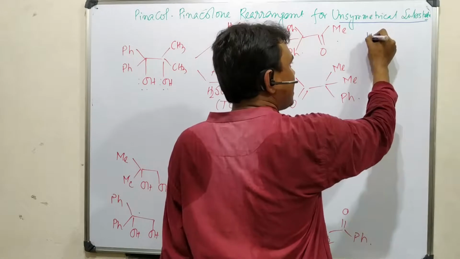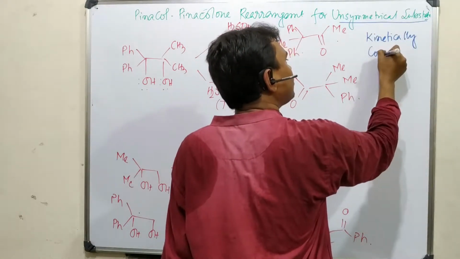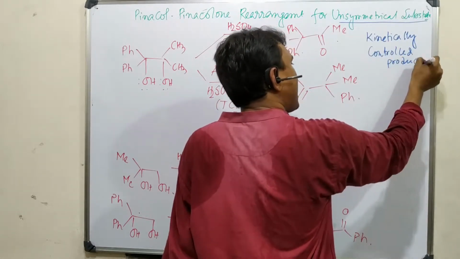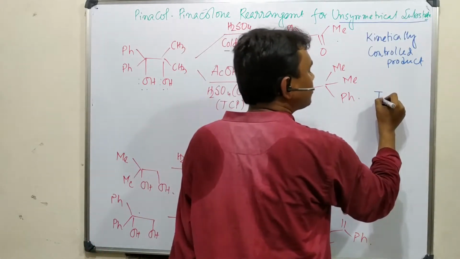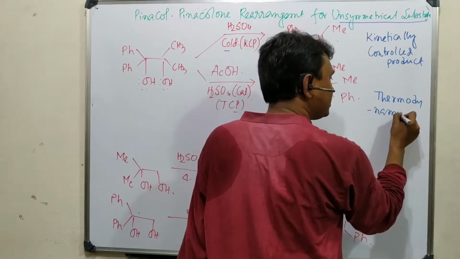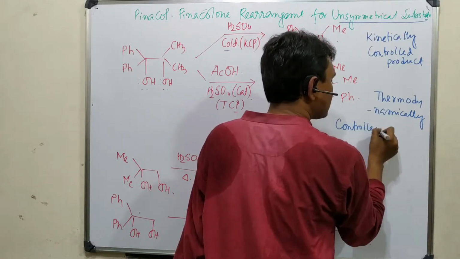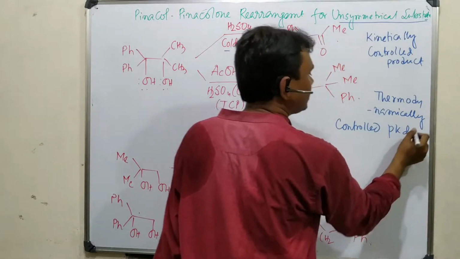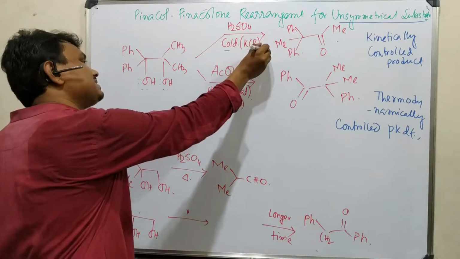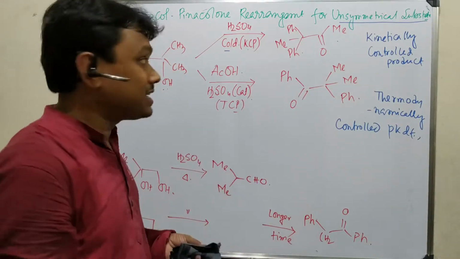KCP is the kinetically controlled product, and TCP is the thermodynamically controlled product. So here kinetics plays a role, and here thermodynamics.